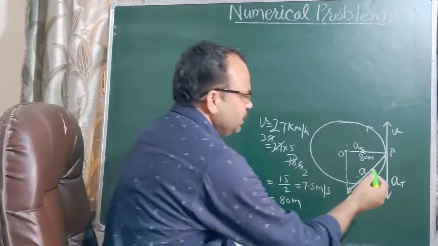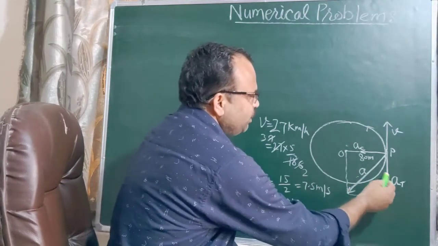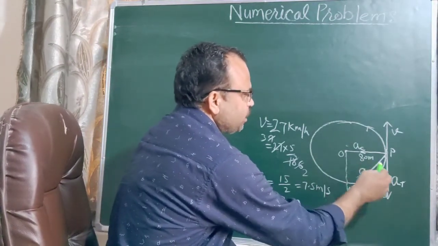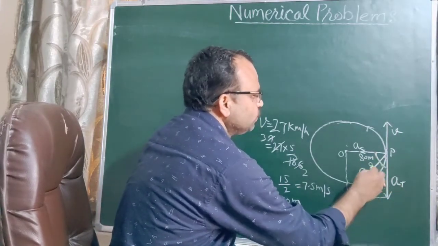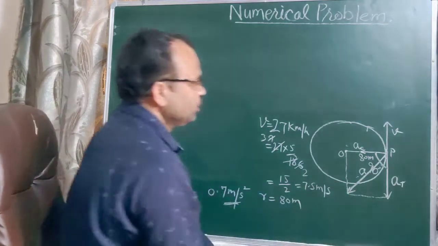So see here, the angle between tangential acceleration and centripetal acceleration is 90 degrees.